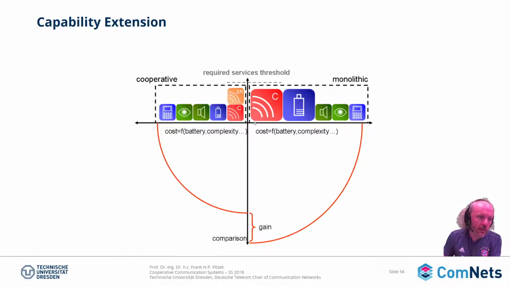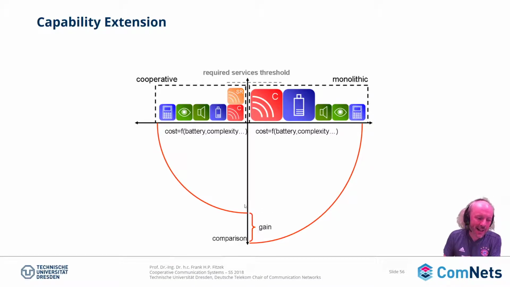If you compare it then with a cooperative device, where you need only a little bit of the cellular, and therefore a little of the energy, and a little bit of the short range with others on the other side, with the same given interfaces for the service, then you will see the cost should be a little bit different. There's a little bit of gain here.